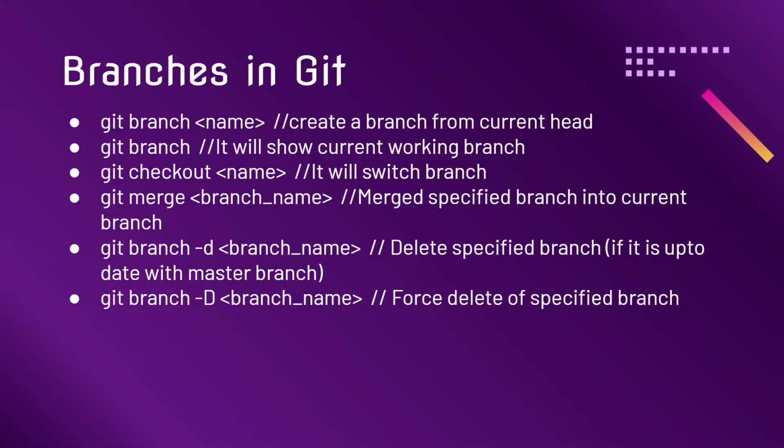So I would suggest that after merging every branch you should delete it, and for working on a new feature you can create another branch from the master branch at that current instance of the commit.